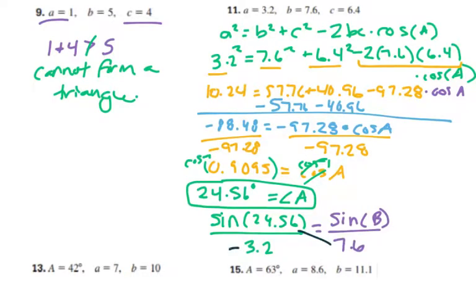Again, cross multiply, divide by our last digit, and then take your inverse. Actually, I have the decimal still in my calculator, so sine of the decimal times 7.6 divided by 3.2 equals 0.987, but sine inverse of that, so angle B is 80.78.